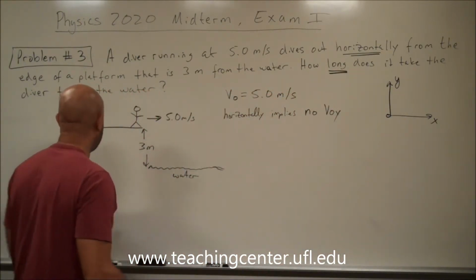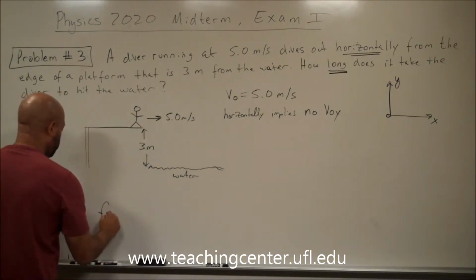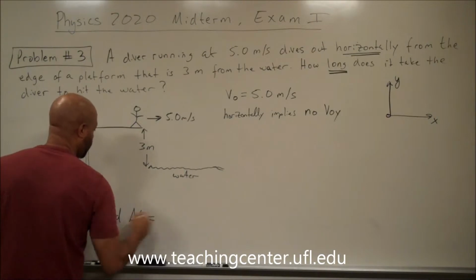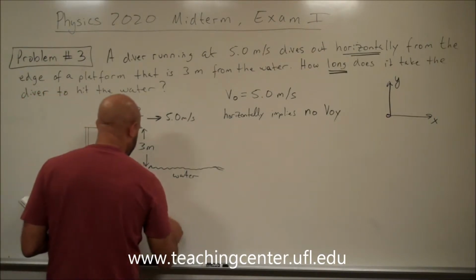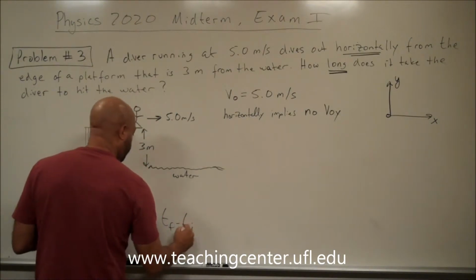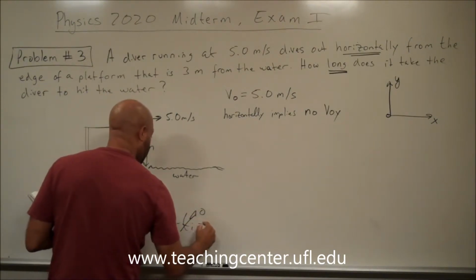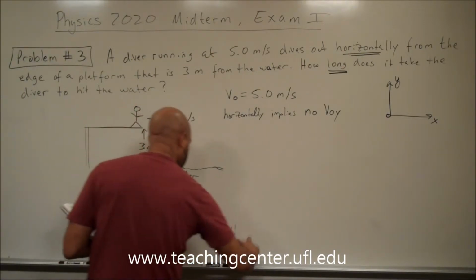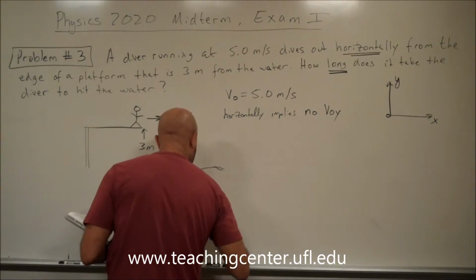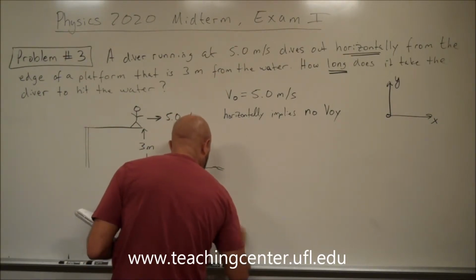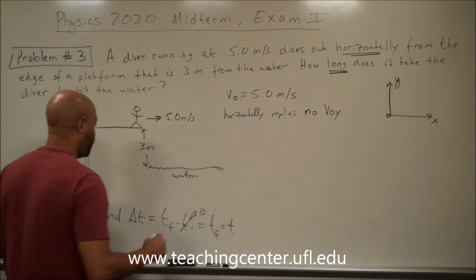So what we're trying to find is delta t, and if we define delta t as the final time minus the initial time, and we know that the initial time is 0, then we can call the final time tf, or just t. So we want to find t.